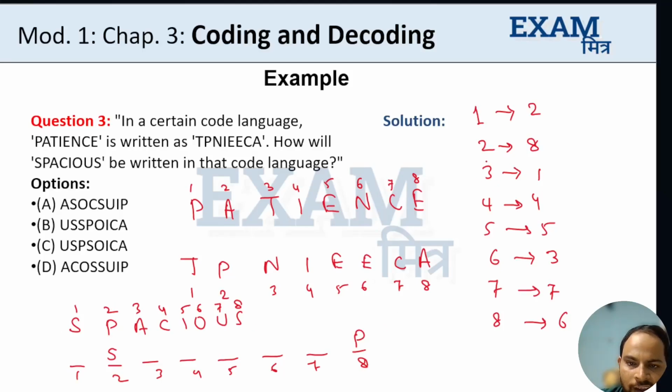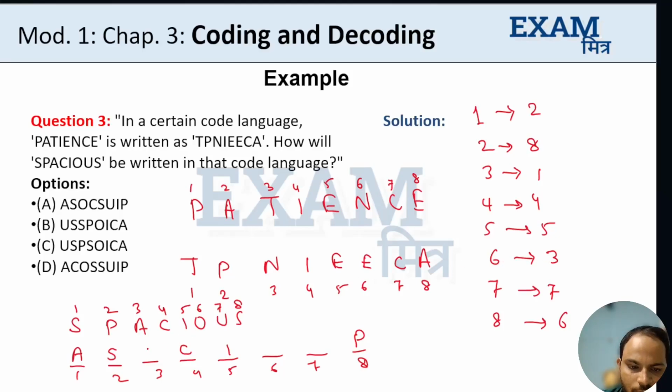The letter at 3 will go to position 1. That means A will come at the first position. The letter at 4 will remain as it is. So 4 is C. Now fifth will be as it is. So fifth one is I. Let's put it here. 6 is going to 3.